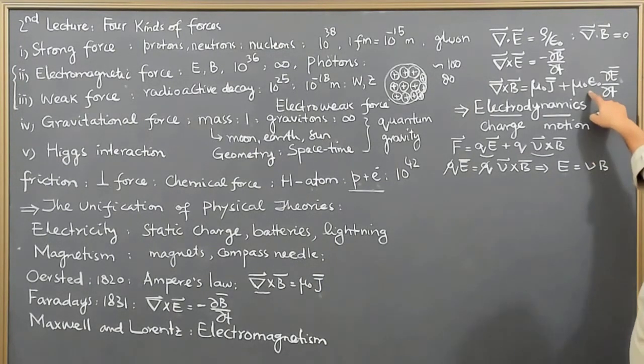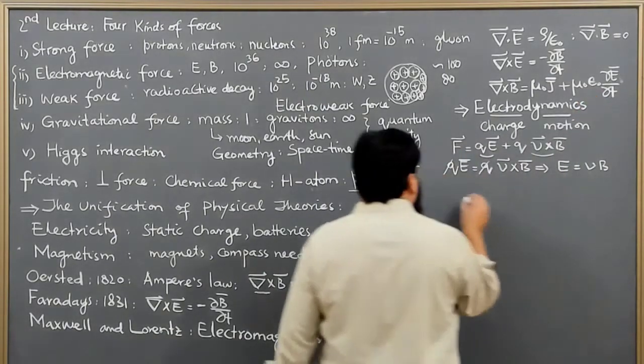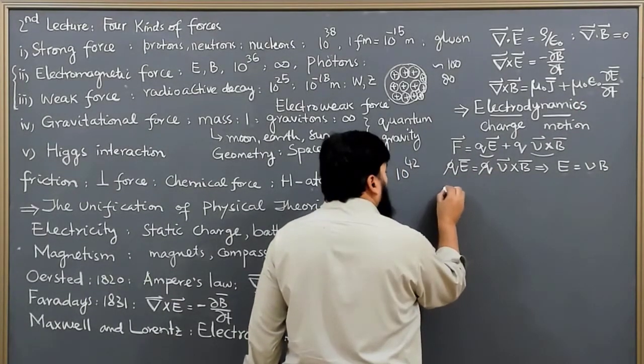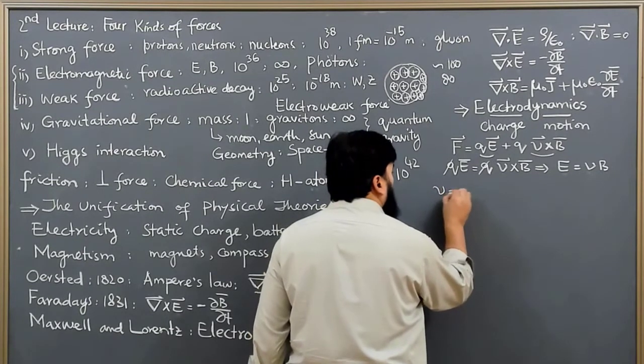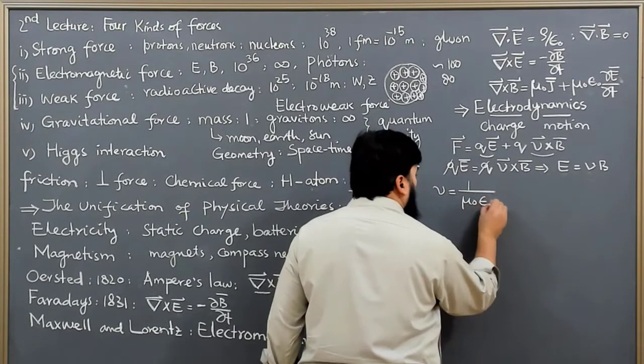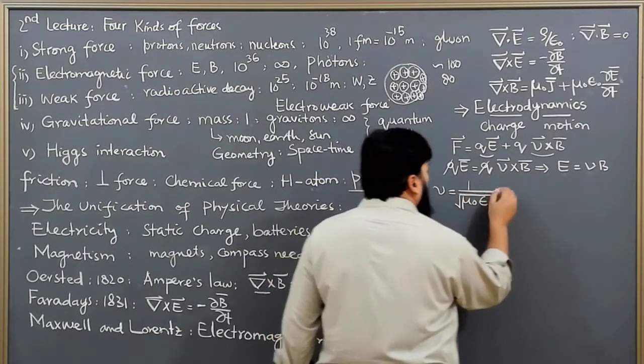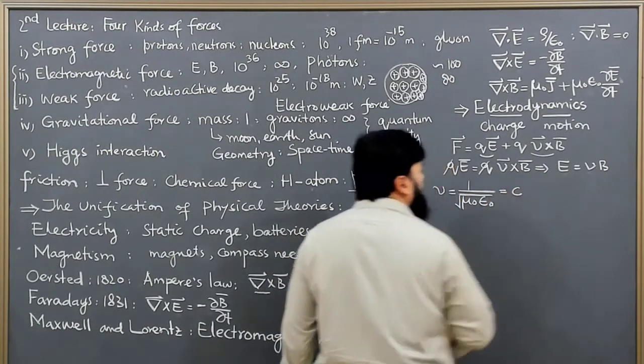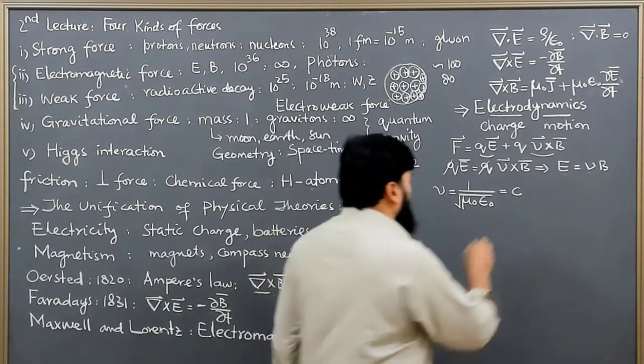And when Maxwell did this correction, he proved that this V, which is equal to 1 over root of mu naught epsilon naught, exactly came out to be the speed of light.